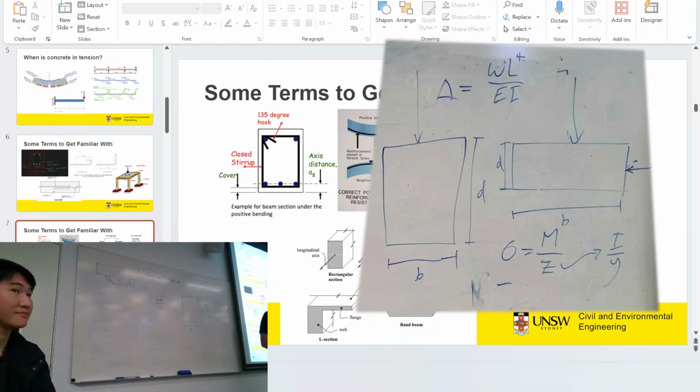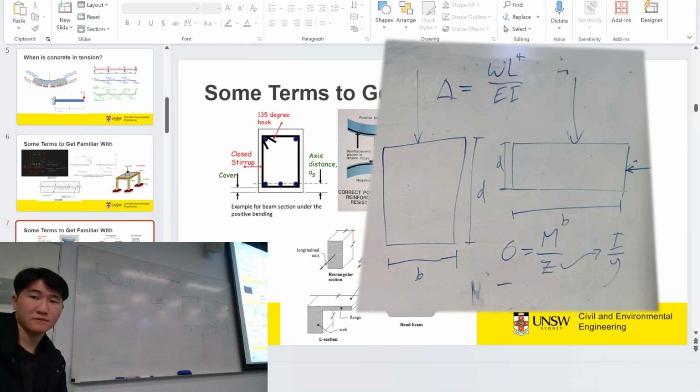Same goes for stress, which you might have seen from mechanics of solids. Z is equal to I over y. Anyway, that's enough of that.